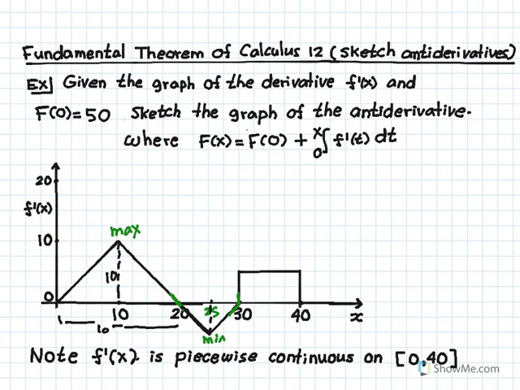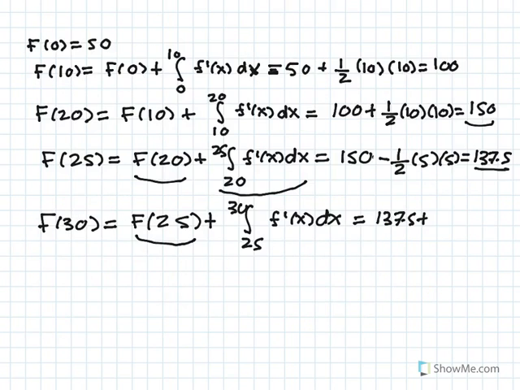So 1/2 of 5 times 5, we're going to subtract off another 12.5. So that's minus 12.5, and that brings us to 125.